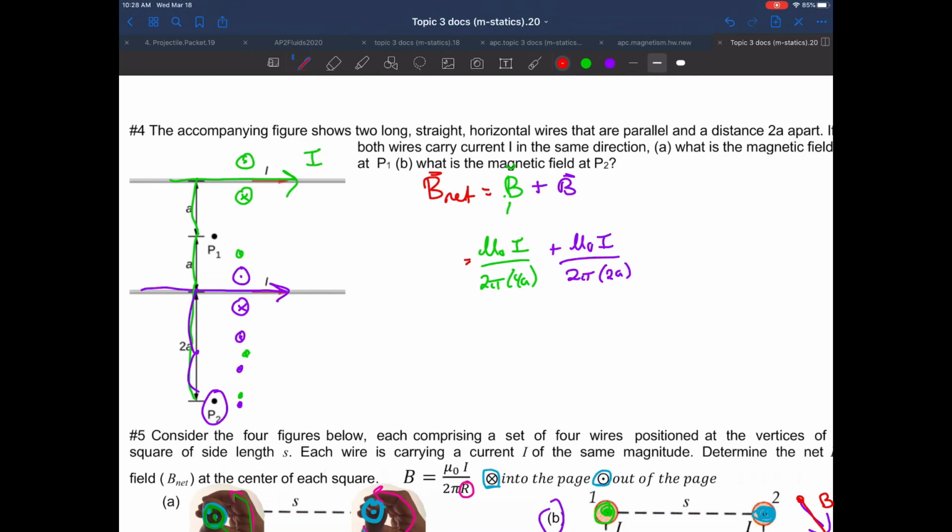When we add those together, we're going to get our total B. So it's going to be mu naught I over 2 pi, and then we have 1 over 4A plus 1 over 2A. And that's going to simplify to a half plus a fourth, and a half plus a fourth is 3/4.